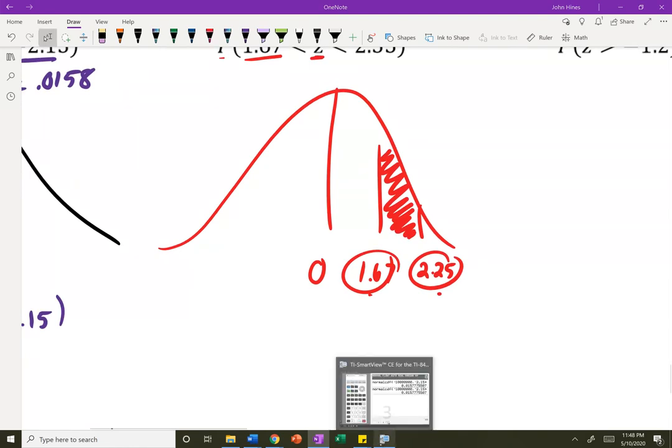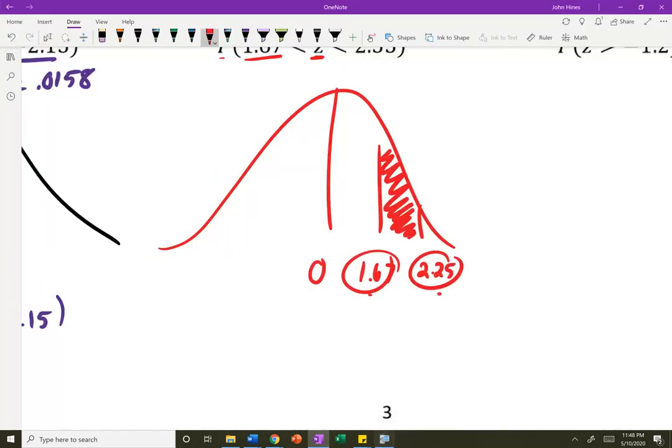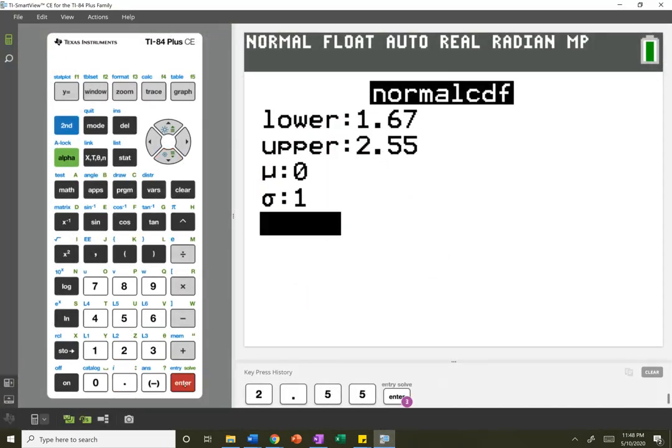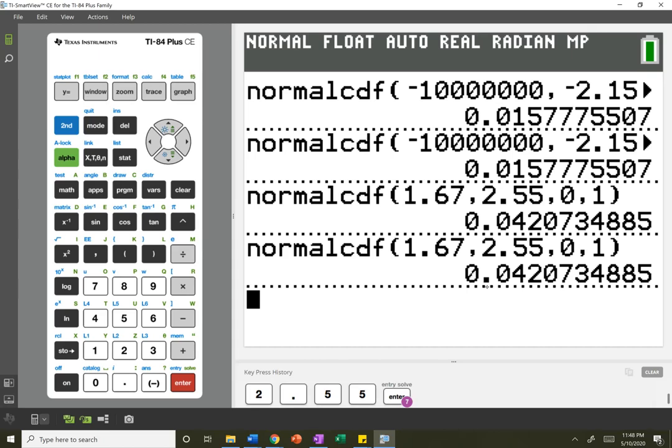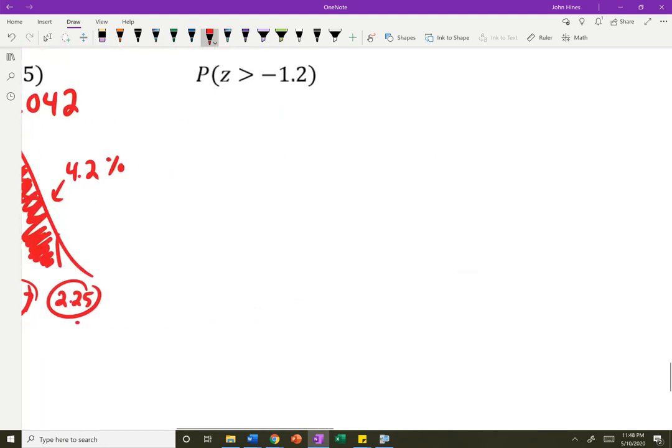So I'm going to do a normal CDF of lower, 1.67, all the way up until 2.25. Enter, enter, enter, and there you go, 0.042 about. So there's a 4.2% chance I fall between 1.67 and 2.25 standard deviations above the mean. Drawing the picture is essential here, folks.